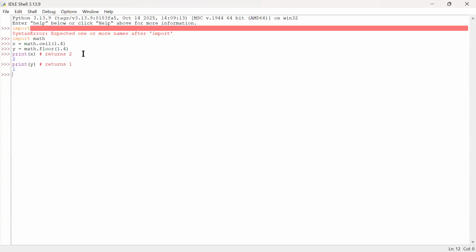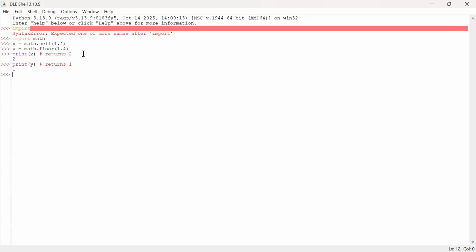Okay, quickly, can you explain why the first one returns 2? The one that has the variable x on the left-hand side of the assignment operator, and then the second one that has y on the left-hand side of the assignment operator returns 1. Can you explain why?